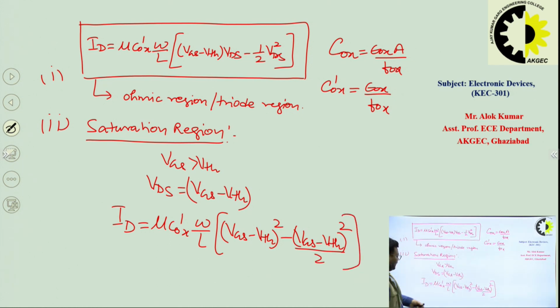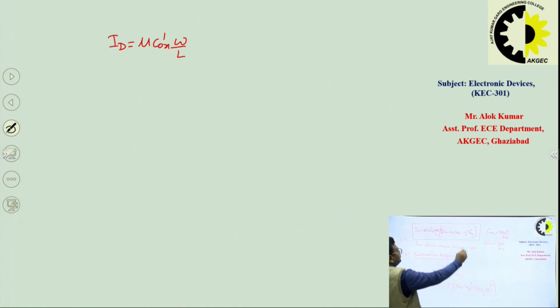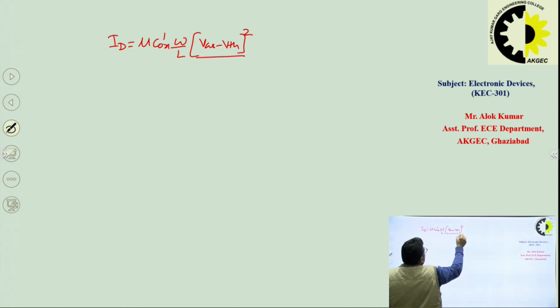So after solving this, we will get ID is equal to mu into COX prime into W by L into VGS minus VTH square divided by 2.